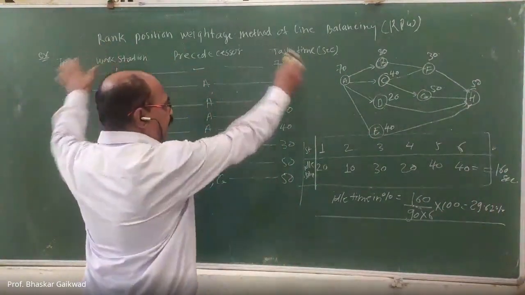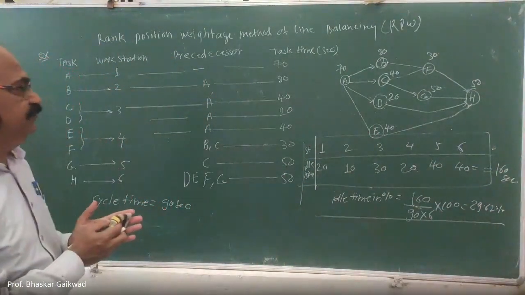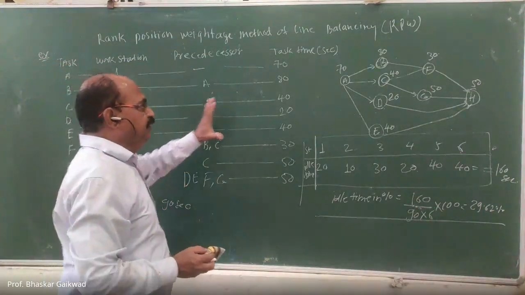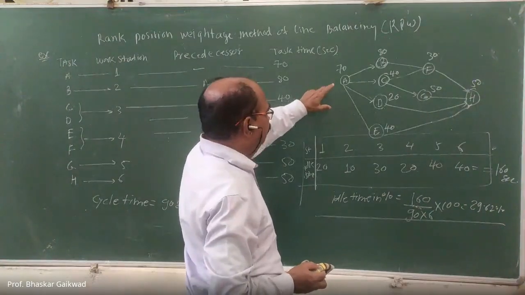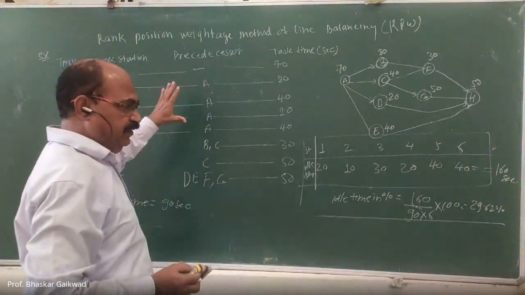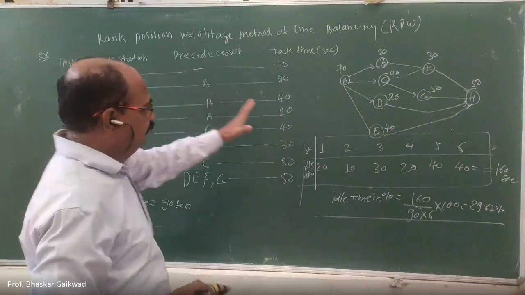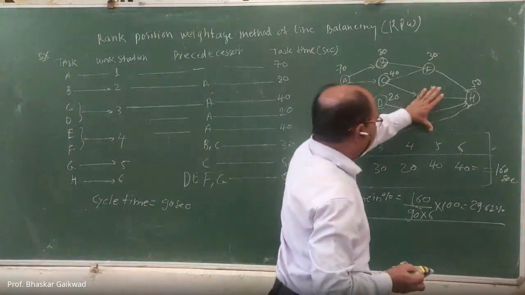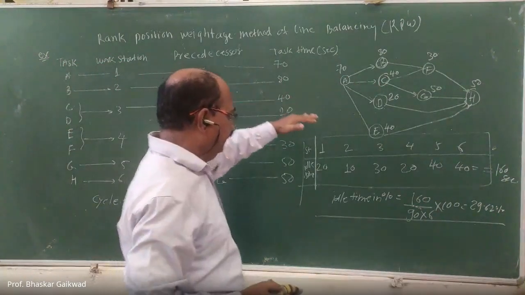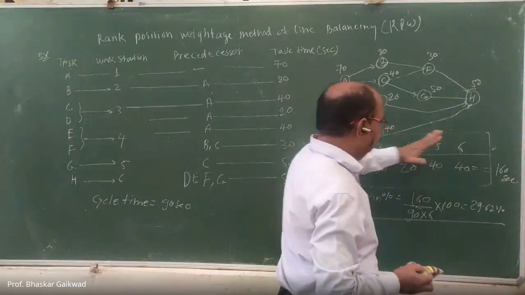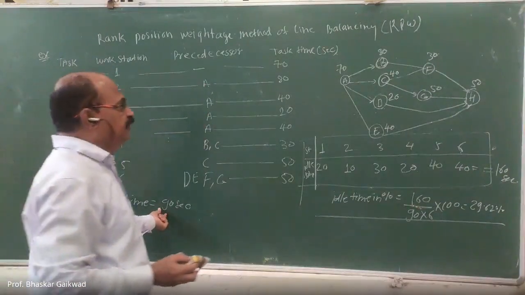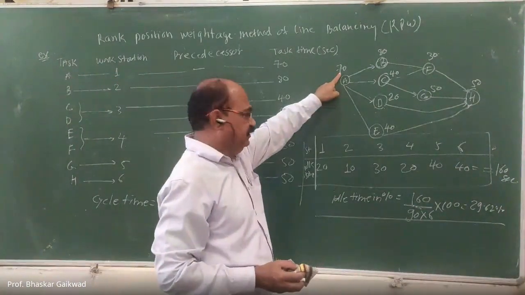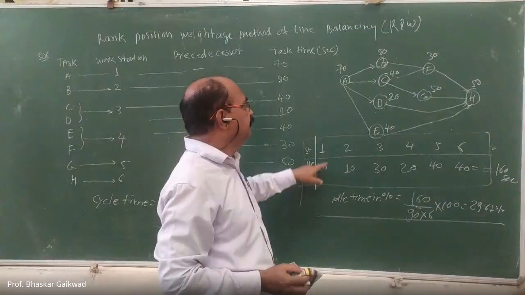So once this RPM method is given, then what is your first thing? You have to make the network diagram. While using our first CPM process, the same thing here, you can make the network diagram. After that, you can write down the station. Our cycle time is 90. Station time is 90 minus 70 will be there.